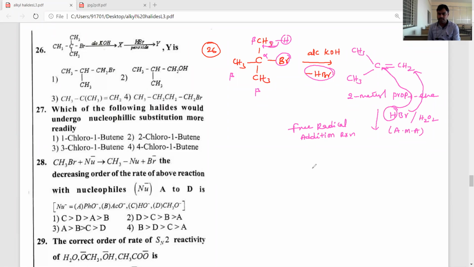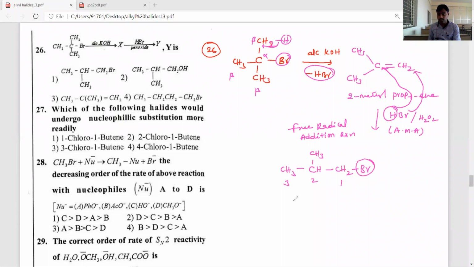The product is CH3, CH, CH3, CH2Br. Its IUPAC name has methyl and bromine. According to alphabetical order, bromine comes first, so bromine gets position 1.